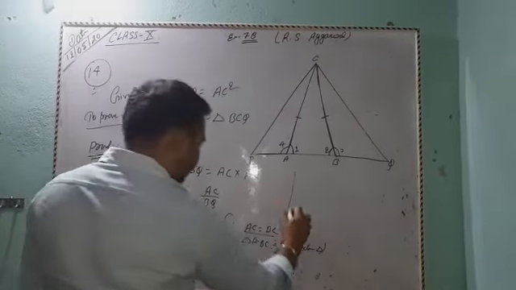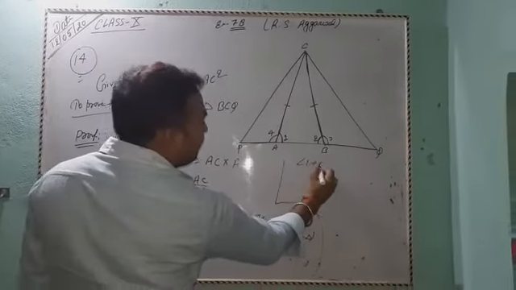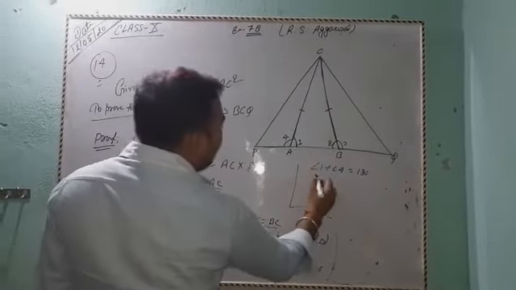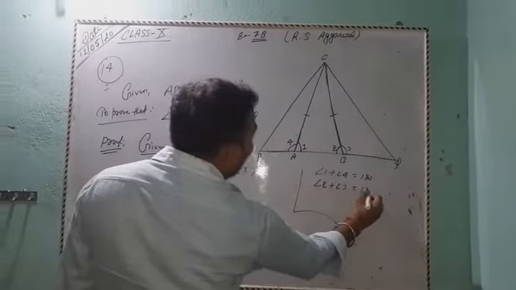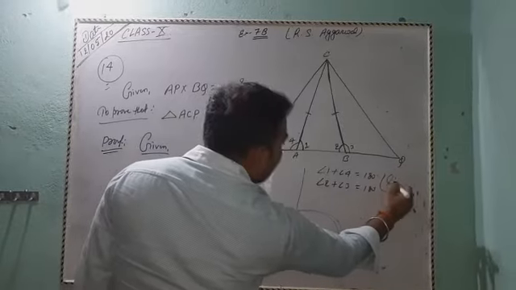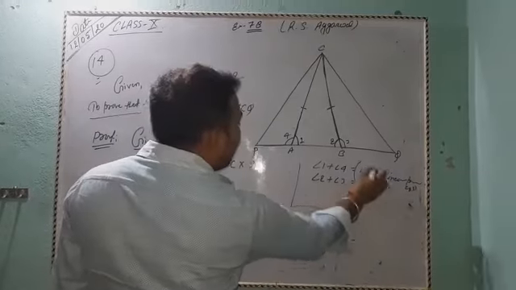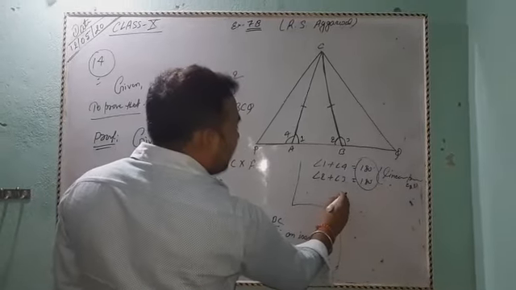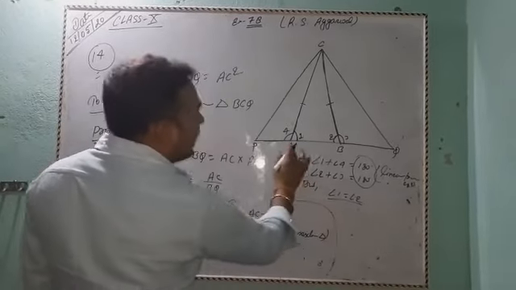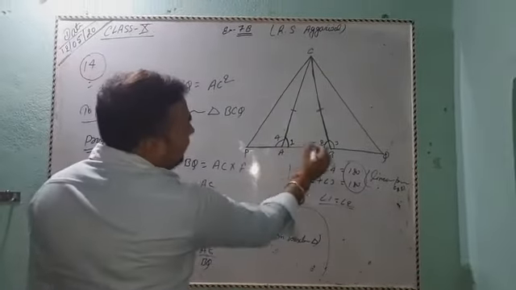And since angle 1 plus angle 4 equal to 180 degree because these are a linear pair, and angle 2 plus angle 3 equal to 180 degree, these are also a linear pair. Then RHS is equal. Angle 1 equal to angle 2 because triangle ABC is an isosceles triangle.